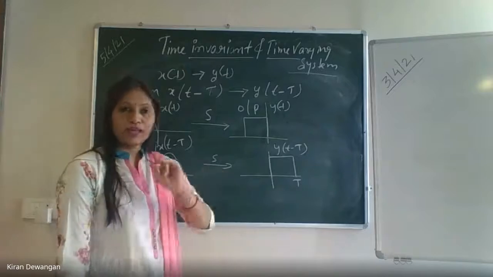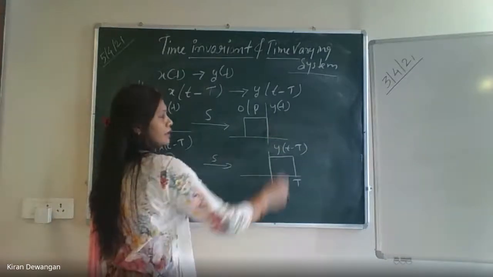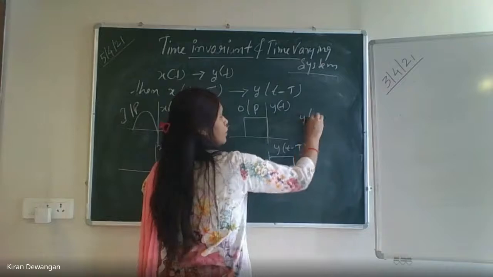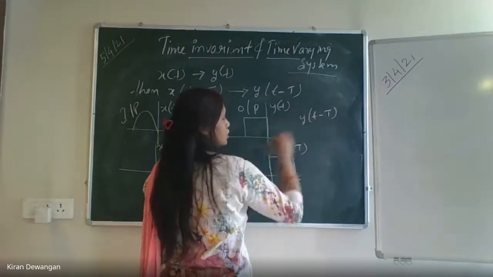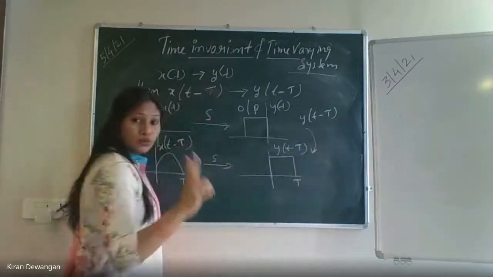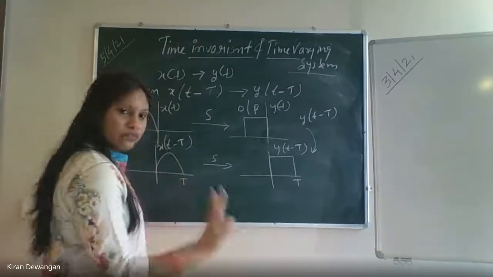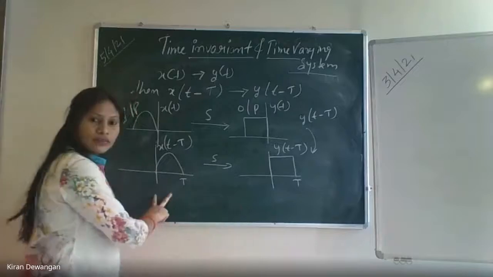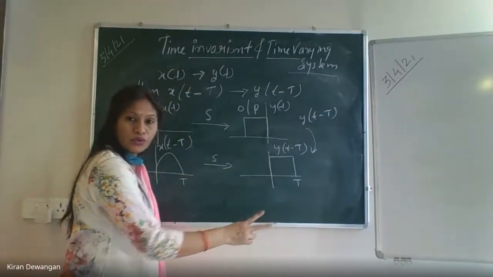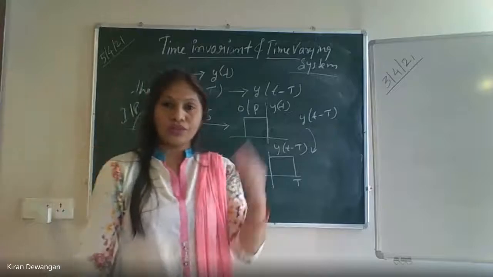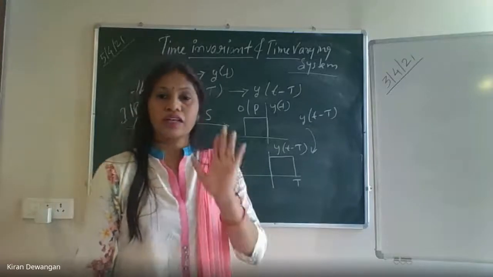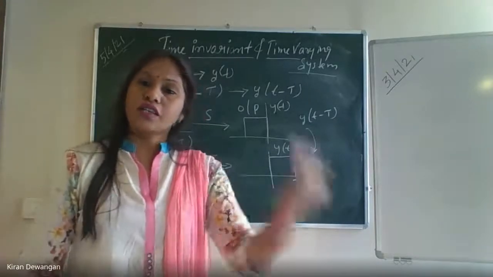And one important thing, कि ये output है, इसको भी अगर मैं y of t minus t करती हूँ, तो ये मिलना चाहिए. There are two things that we need to understand. First is the shift in the output due to shift in input.